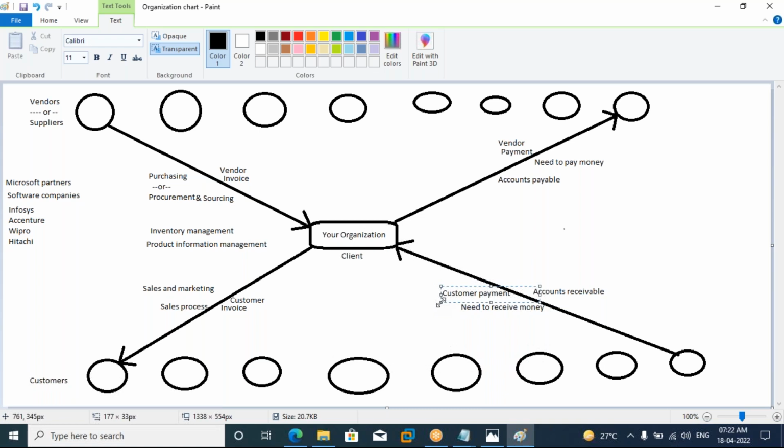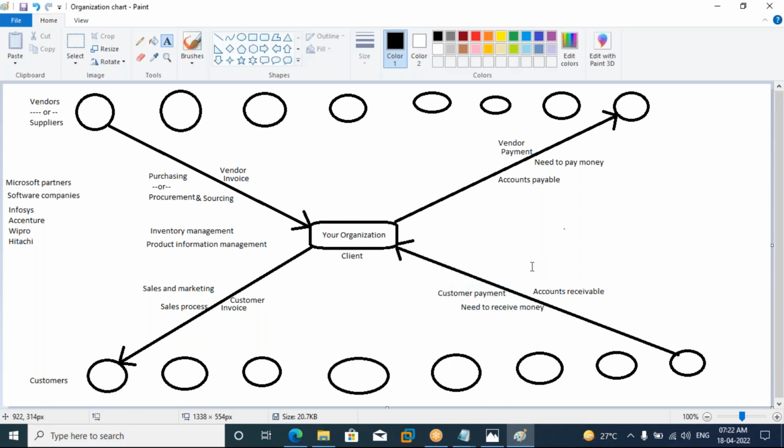The customer is paying money, so it is customer payment. Frankly, in India we use the word customer receipt, but in the system the customer is paying money to me. That is the reason it is customer payment. So we need to understand vendor invoice, vendor payment, customer invoice, customer payment.